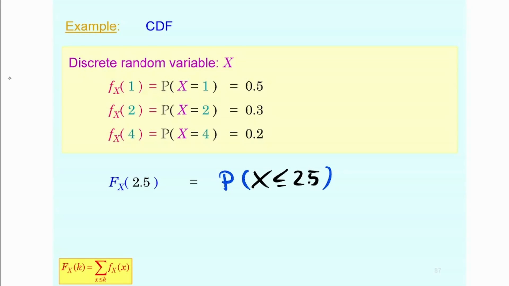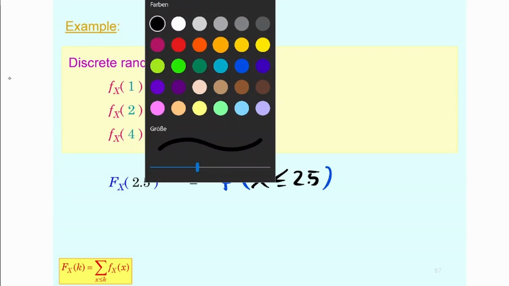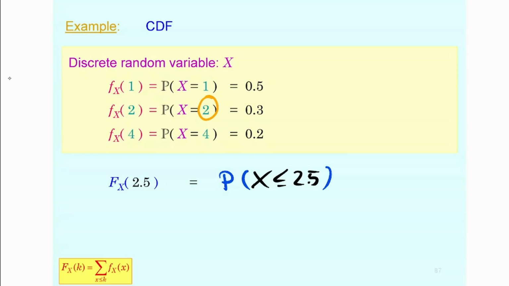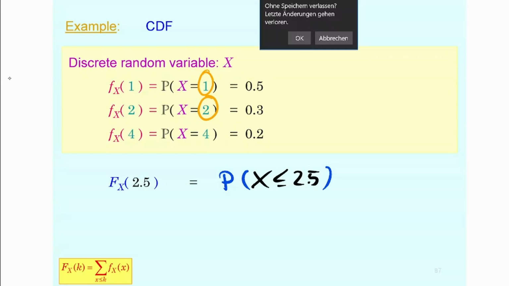You need to select the realizations for which this is true. This is true for 2 and 1, okay? So those are the realizations which are not greater than 2.5. So for the cumulative distribution function at point 2.5, you simply sum up the probability mass function at the realizations that are not greater than 2.5, and that's pretty much it. So that's going to be 0.7, by the way, as you saw.